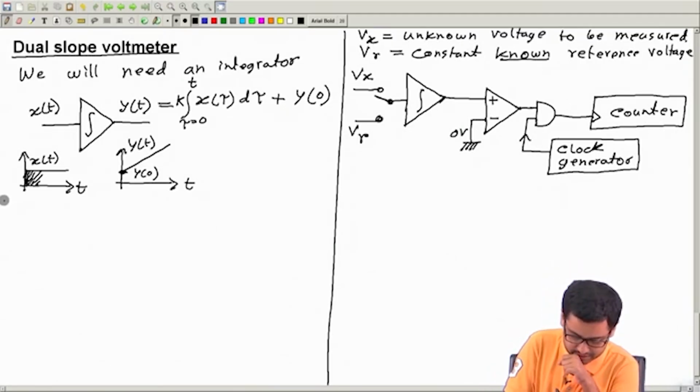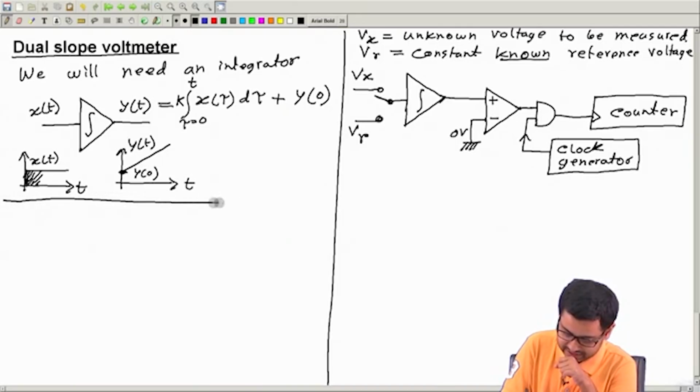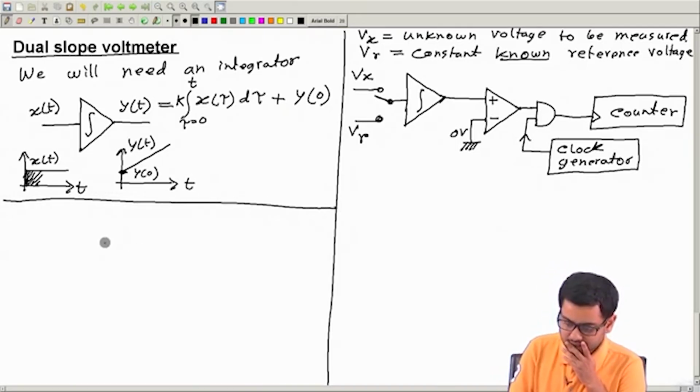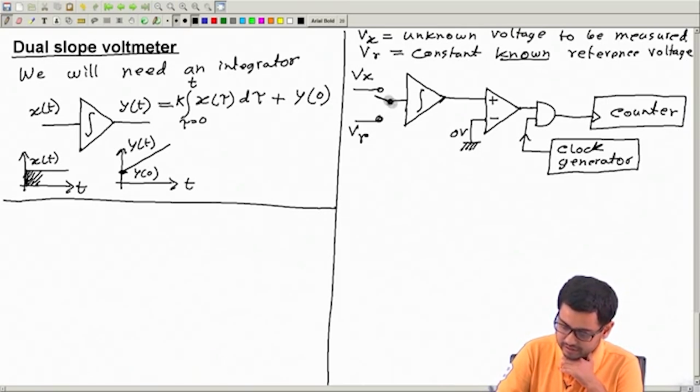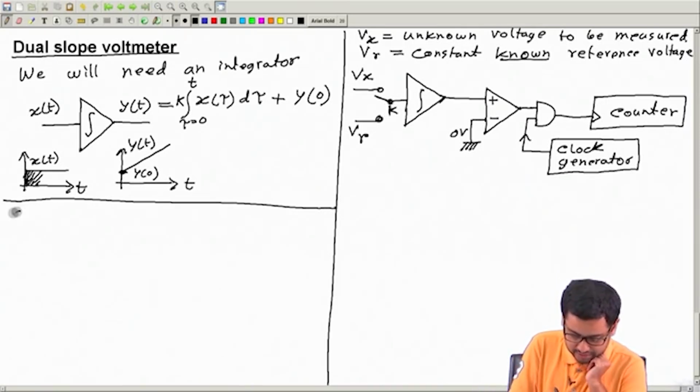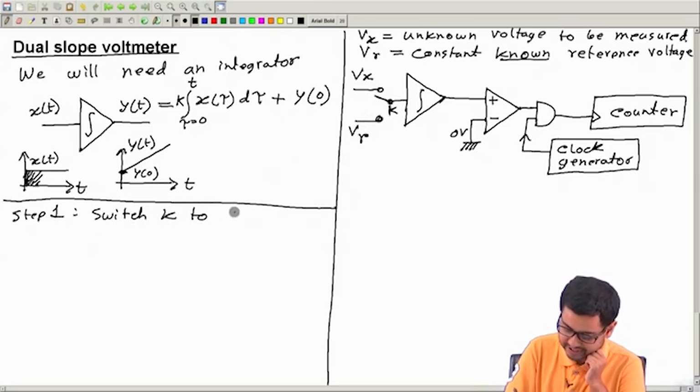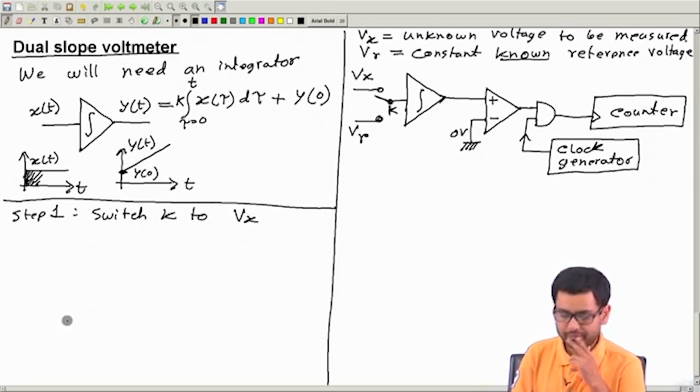So, the way we will measure is that we call this K. Step 1: connect or switch K to Vx.